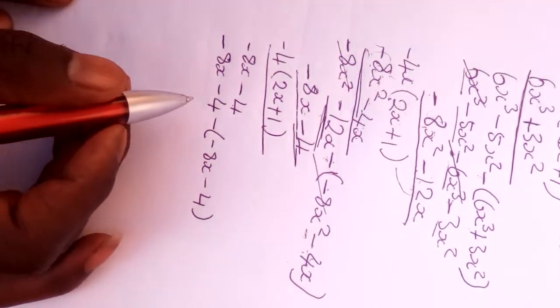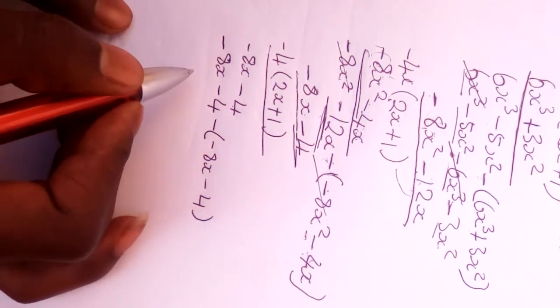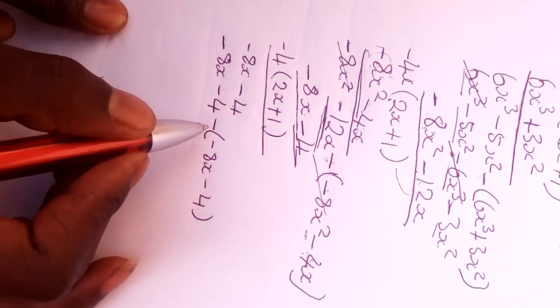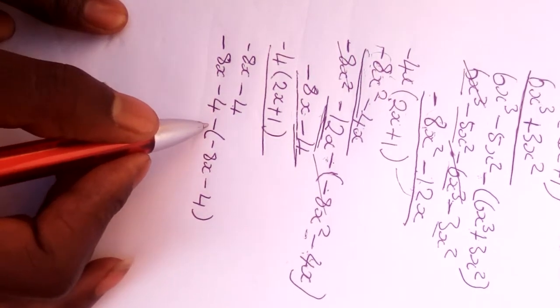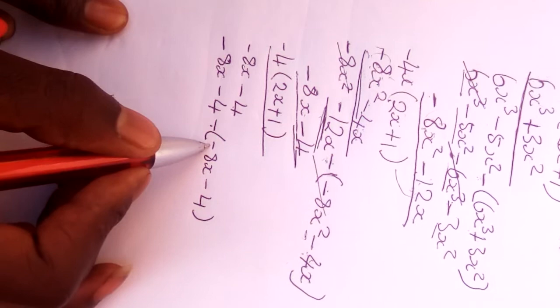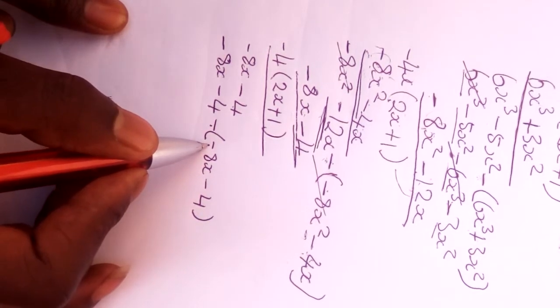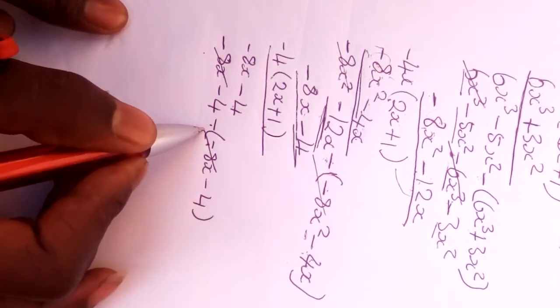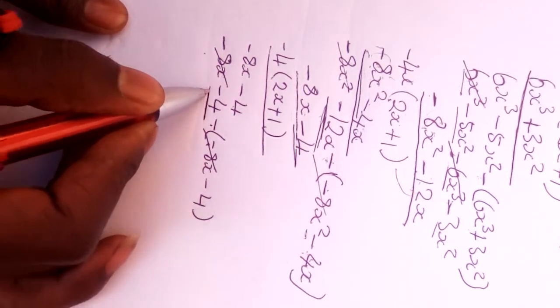Let us go straight to the answer because of time. Negative multiplied by negative is positive, so the 8x terms cancel each other. Then we are left with minus 4.